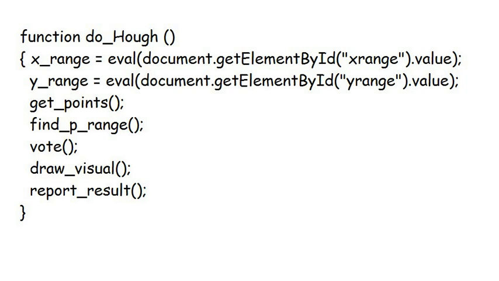After that, doHough calls the following functions in short order. getPoints translates those black spots on the grid into a list of numbers. findPRange runs through the Hough transform not to cast votes, but simply to find the range of p values that it produces. Then the Hough transform proper is carried out by a function vote, in which the votes themselves are cast.